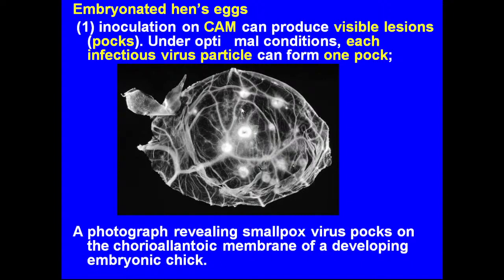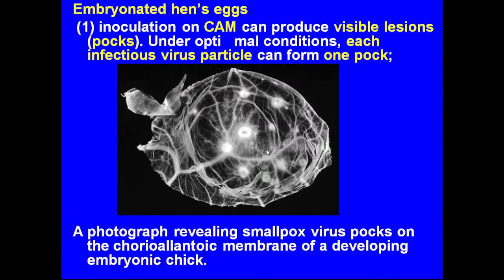Under optimal conditions, each infectious virus particle will produce one pox. So, we may even use this method not just as a qualitative but as a quantitative assay. Then the photograph reveals smallpox virus pox formation on the chorioallantoic membrane.